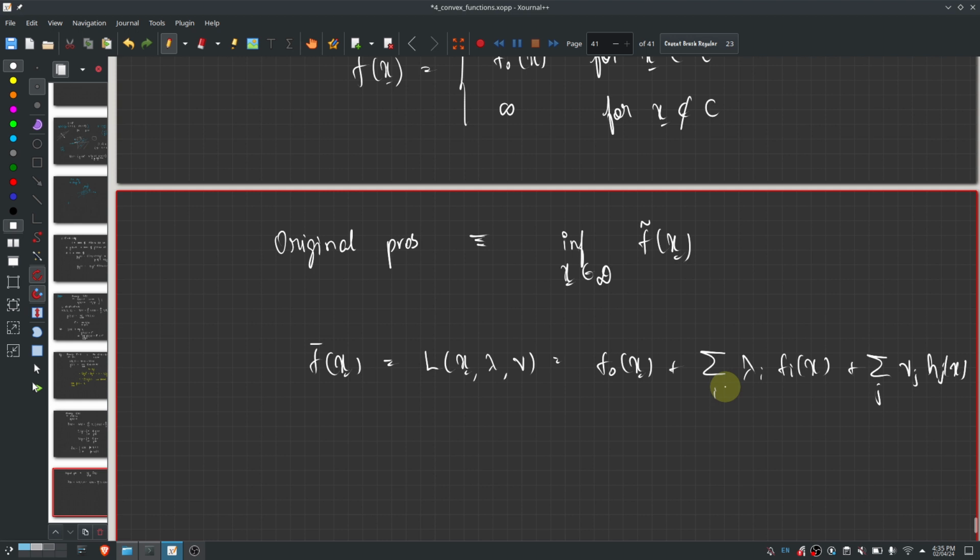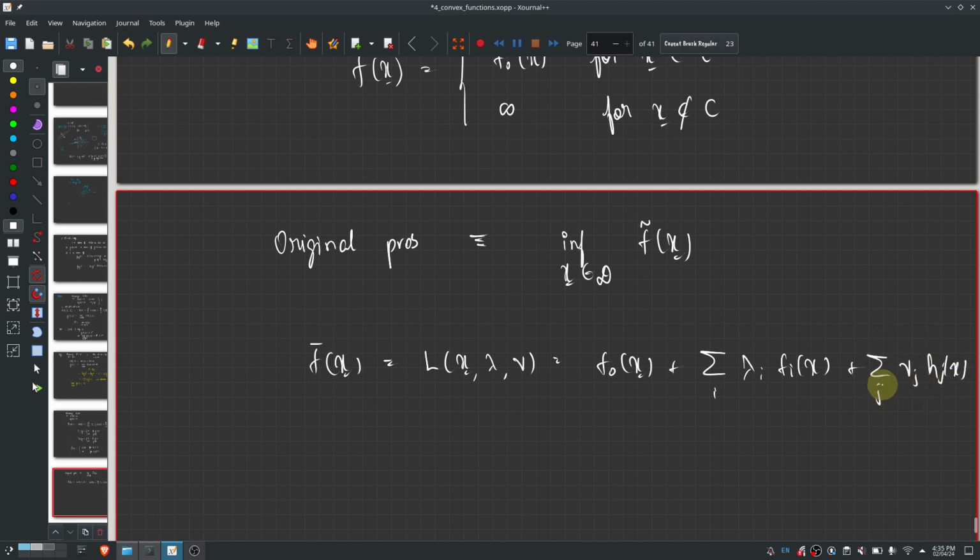That gives some intuition for this particular penalty term. The more positive fi of x is, since lambda i is greater than or equal to 0, this penalty term keeps increasing, which is what we want.